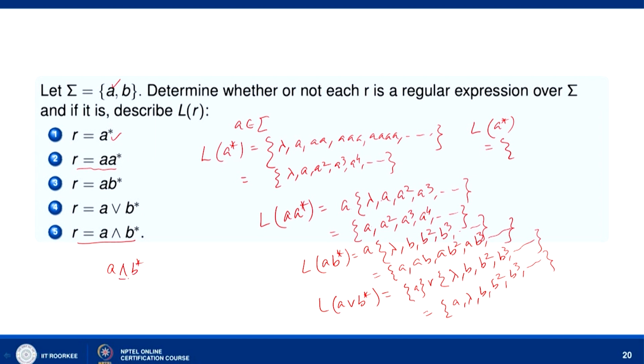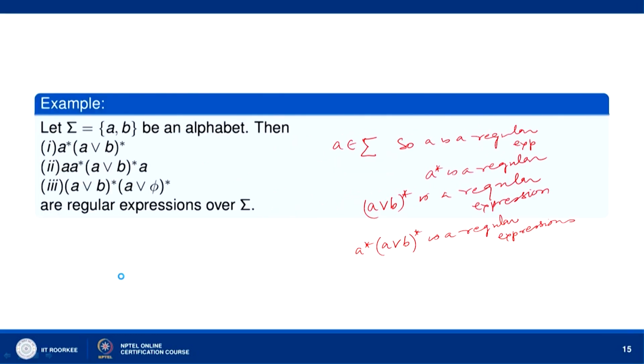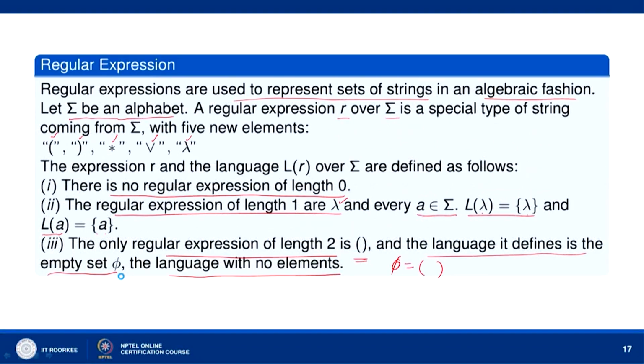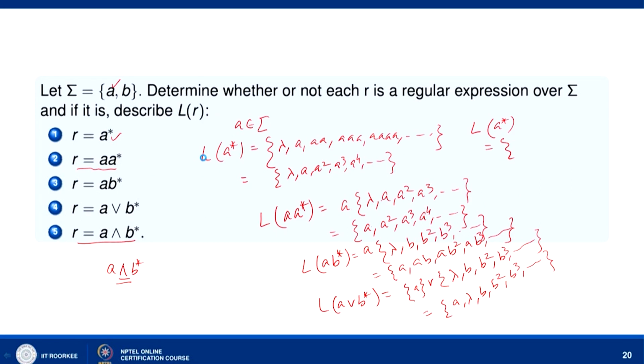Okay. This notation is not defined in the case of regular expressions. We have only 5 special types of strings. So, this star, then R and lambda. So, this symbol is not there. So, this is not a regular expression.